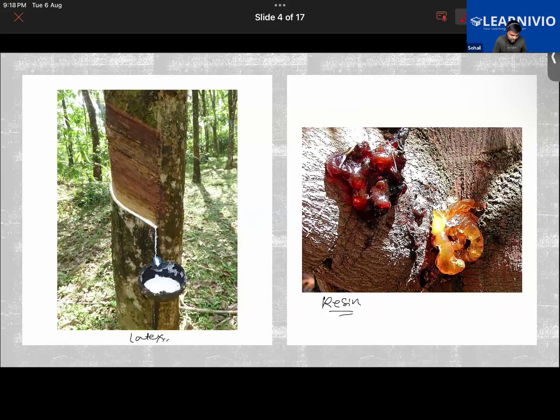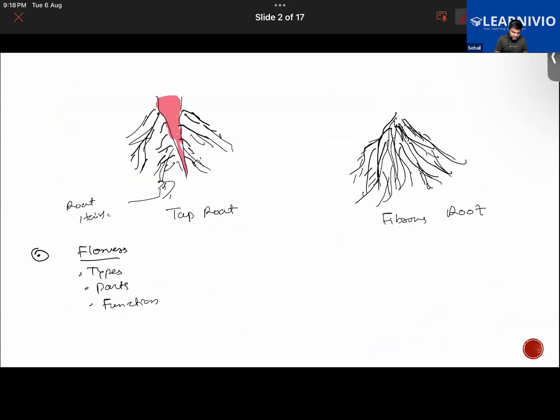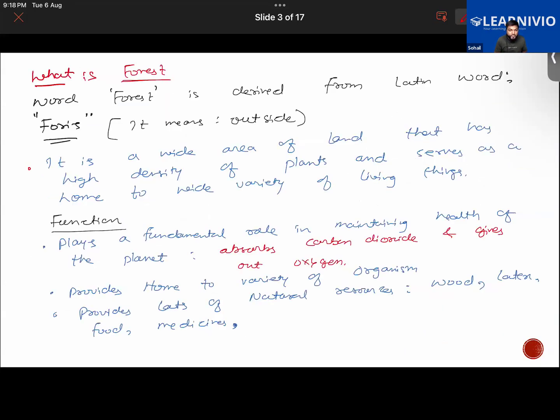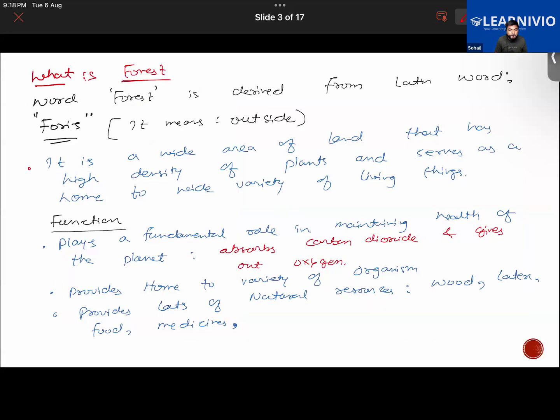Another topic which we had to discuss was plants and their roles, right? What was the second example? Second example was this resin, also called amber. No, sir, not this one. In the functions, this natural resources: wood, latex, food, medicine.